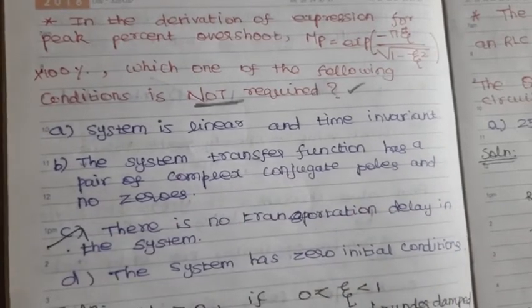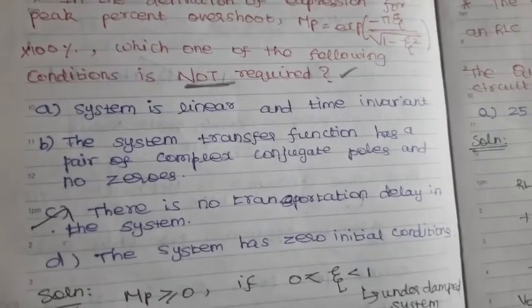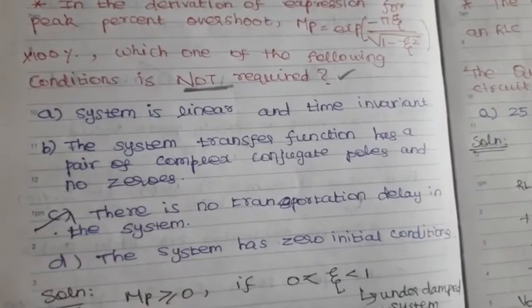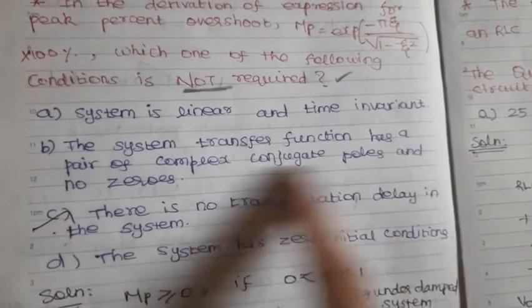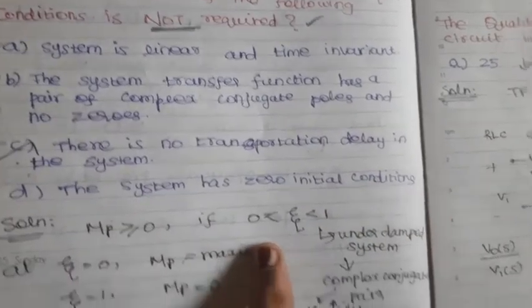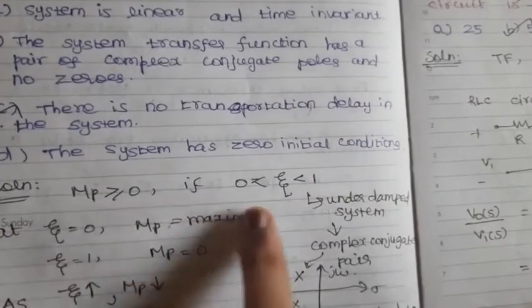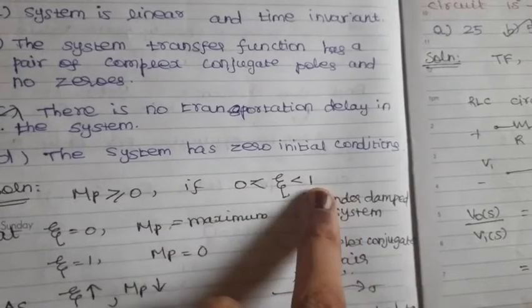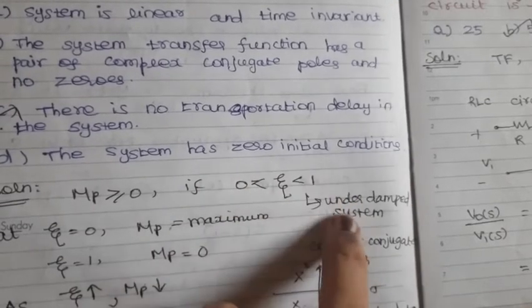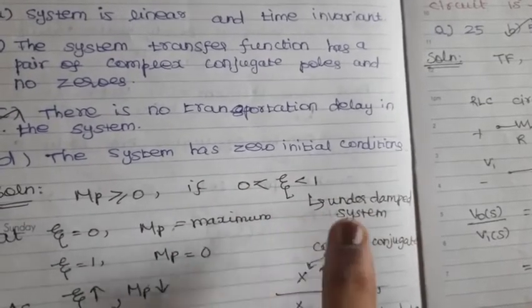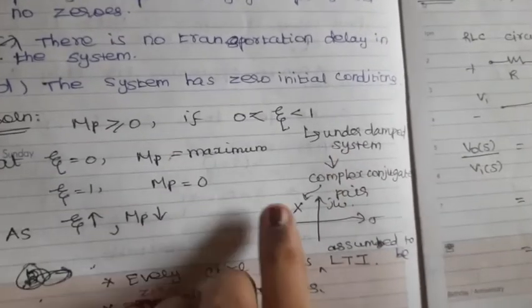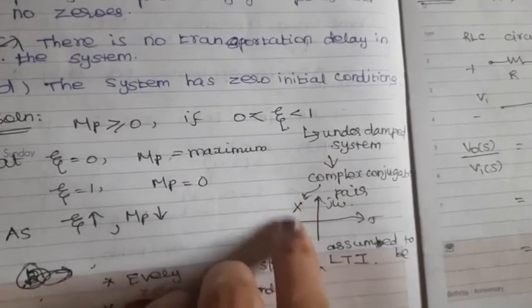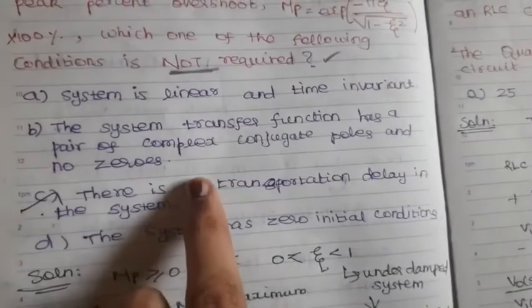We need to find the location of poles. For maximum percentage overshoot, zeta is between 0 to 1, which is an underdamped system. For an underdamped system, the poles are a complex conjugate pair. So this is also correct.